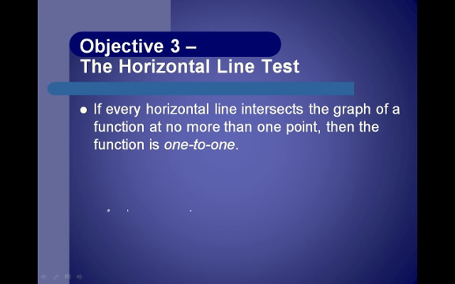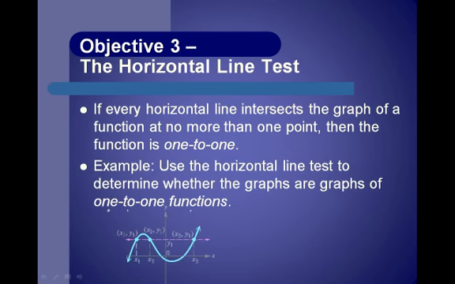Objective 3 is the horizontal line test. This says if every horizontal line intersects the graph of a function at no more than one point, then the function is one-to-one. So our first example says use the horizontal line test to determine whether the graphs are graphs of one-to-one functions.